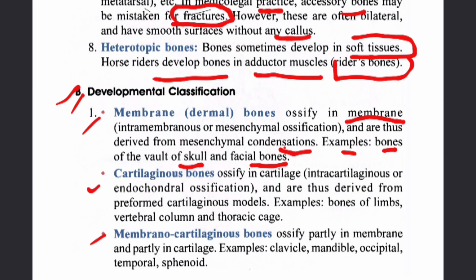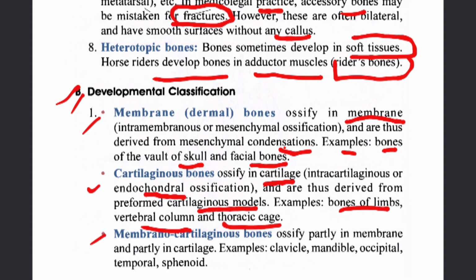Then we talk about cartilaginous bones that ossify in cartilage. Remember this: intracartilaginous or endochondral ossification. It basically depends on how the ossification is taking place, and these are derived from the preformed cartilaginous models. Examples: bones of limbs, vertebral column and thoracic cage.